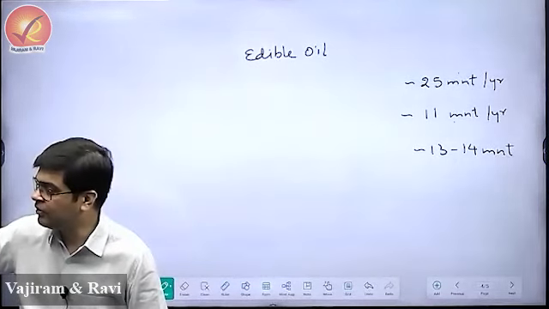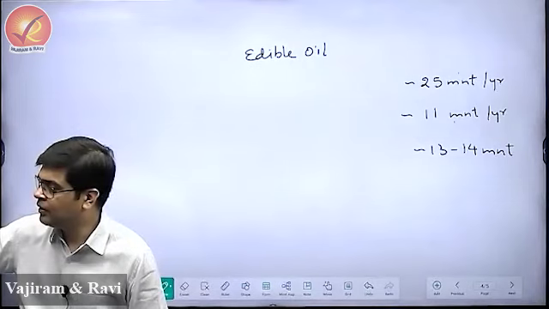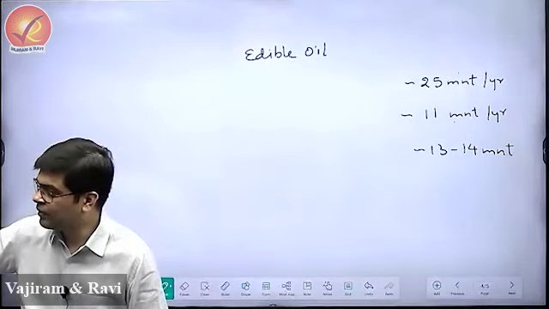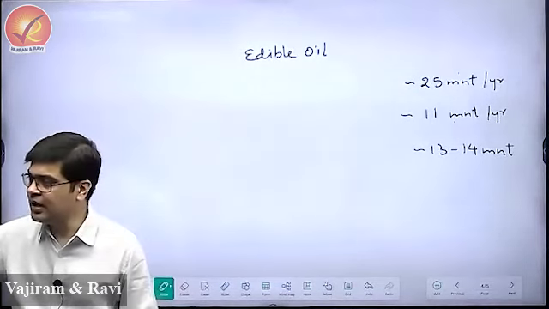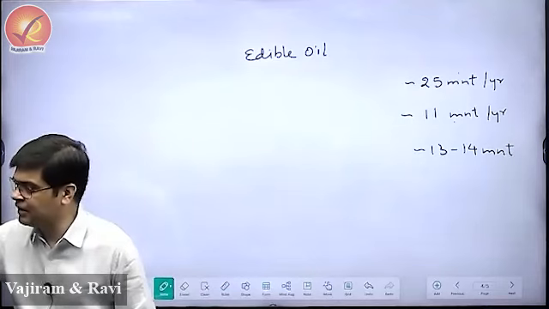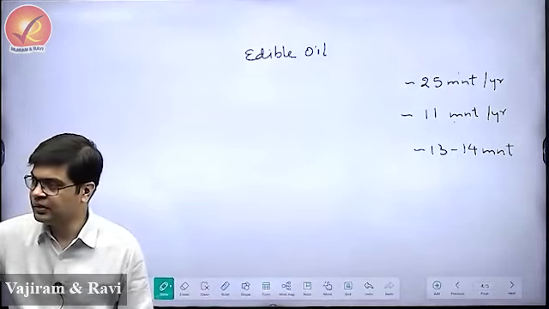Cropping patterns have... very good. That is, our focus is largely on wheat and rice, and oil seeds have been neglected in the country. Excellent. What else?